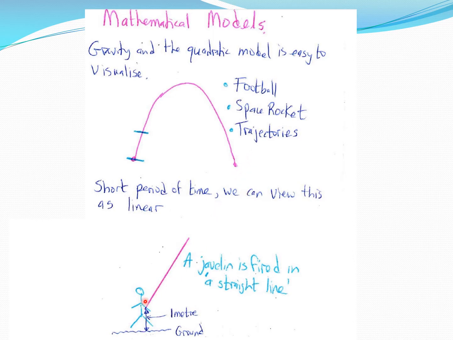So for the purposes of this video, we'll assume that the javelin follows a straight line for the first period of time, and then it eventually starts to fall down. We've drawn a guy here holding the javelin. Let's say it's 1 meter above the ground at time 0. As time passes along, we view the axis along there as the time axis. The question is, how high is the javelin at a particular time?